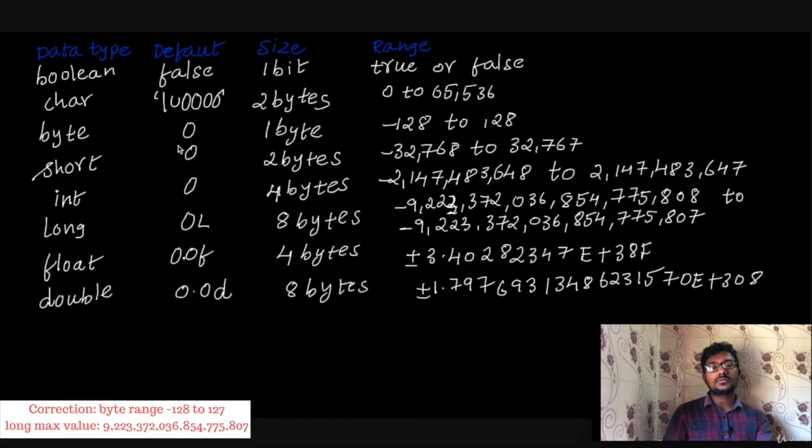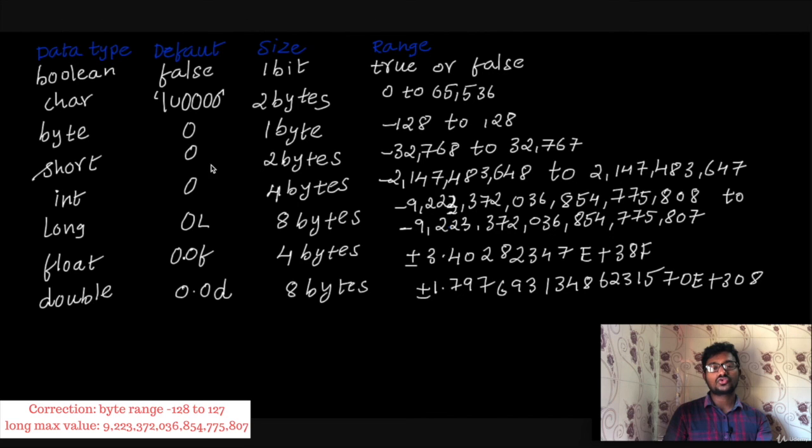And then byte. The default value is 0, size is 1 byte, and the range is -128 to 127. If your use case needs to store values between, say, 0 and 120, then you could use the byte data type.